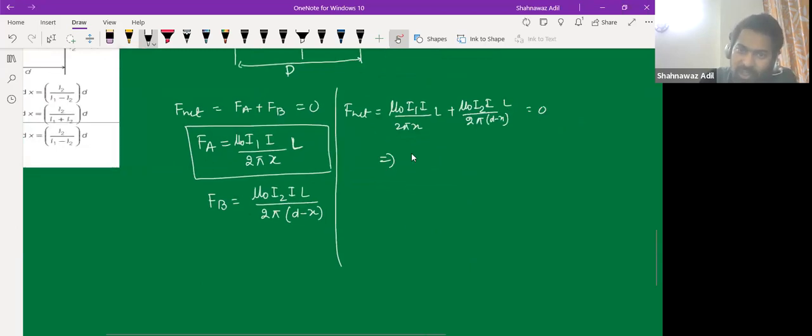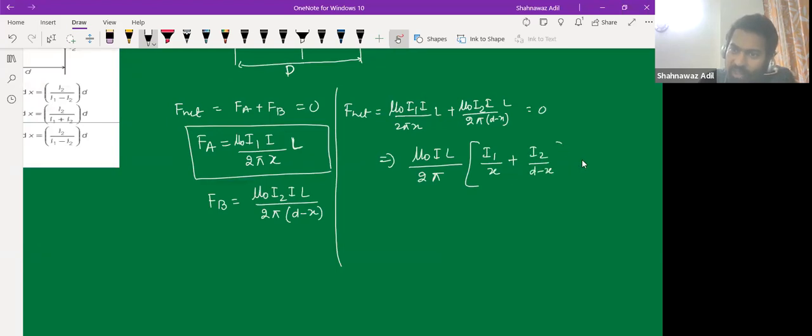So we can take mu naught I L by 2 pi common, and we get I1 by x plus I2 by d minus x.